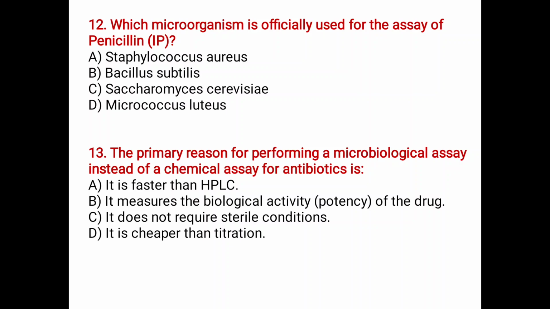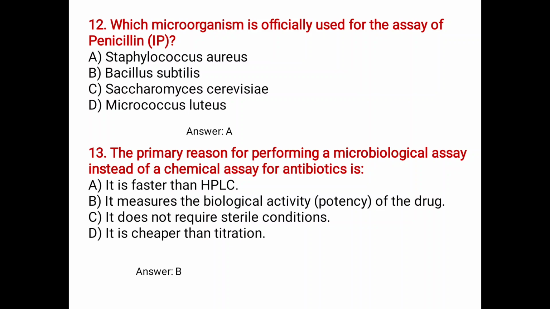Next, the primary reason for performing microbiological assay instead of chemical assay of antibiotic is: A. It is faster than HPLC. B. It measures the biological activity potential of the drug. C. It does not require sterile conditions. D. It is cheaper than titration. It checks the biological activity potential of the drug.